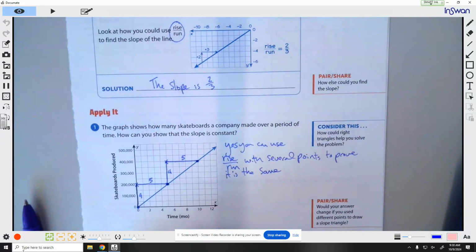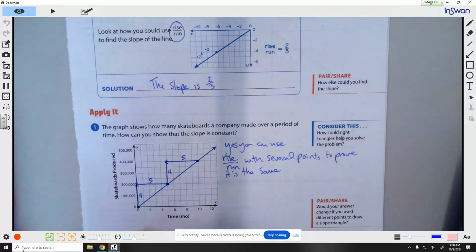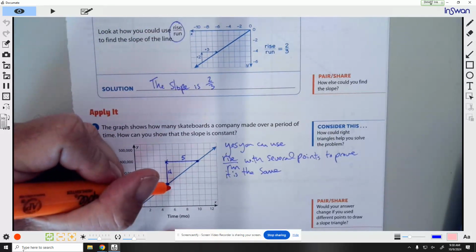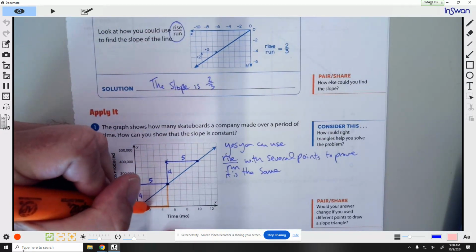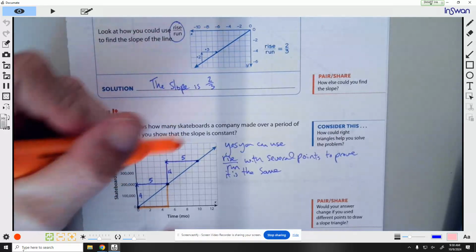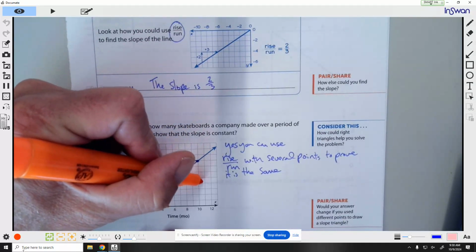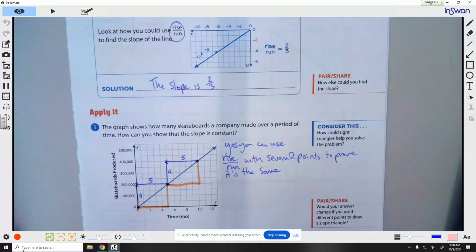Okay. Now also, we talked previously about using slope triangles. So the slope triangles is basically doing the same thing we just did, but backwards. So if I make a triangle, a right triangle, I see it would be this way. If I do another one, we see that one as well.